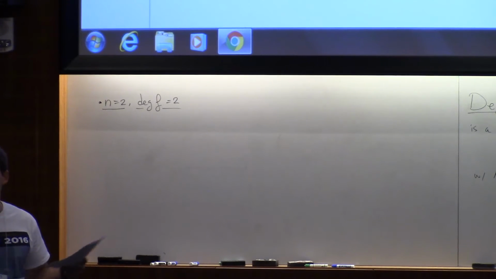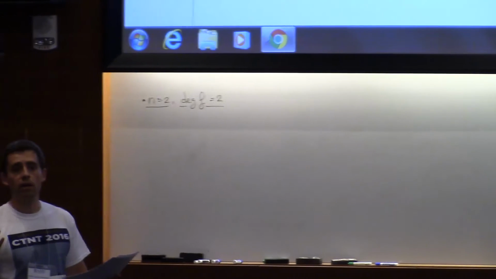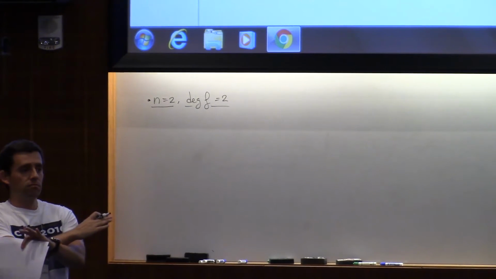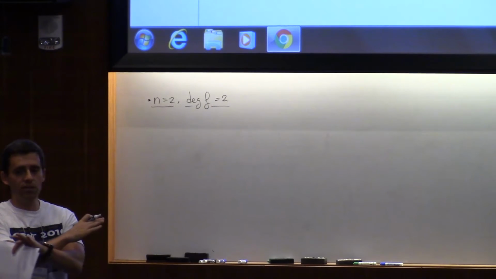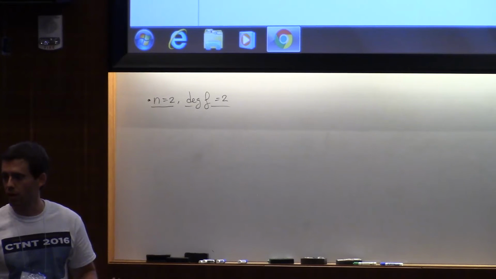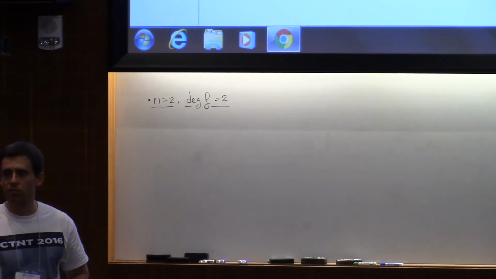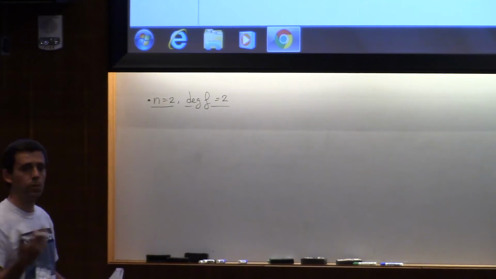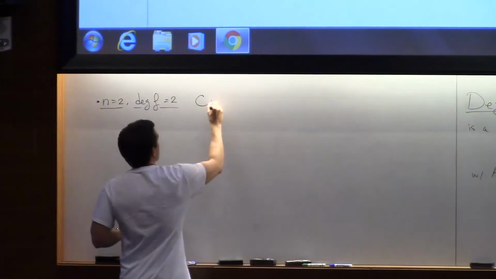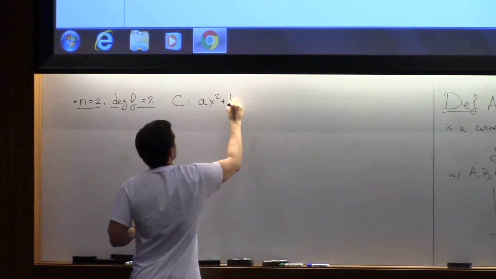If your quadratic polynomial is singular in some way, it basically is the product of two lines, and we know how to find solutions on each line. Forget about it. I'm going to look at curves that are smooth, and that will be a conic. So C now will be something like this.